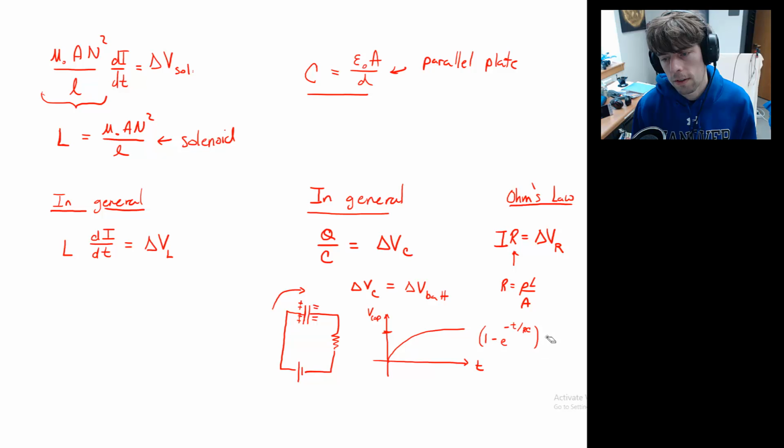Something like this. I'll put V back here. Right, at time equals 0, there is no charge on the capacitor. And as we increase, we get full charge. That means the drop is equal to the drop on the battery.